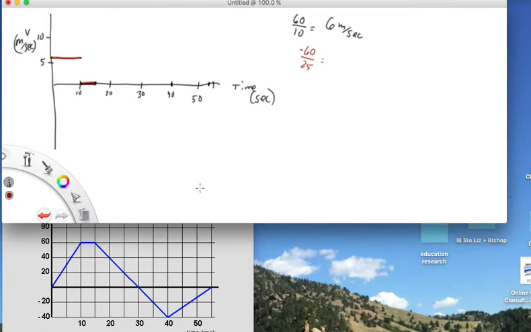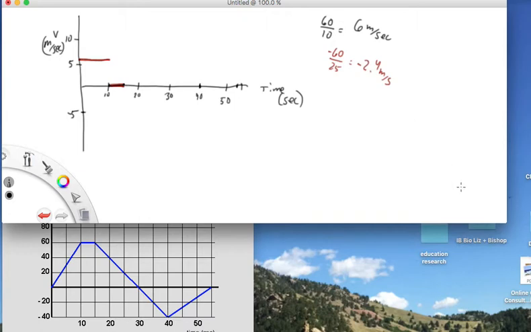Oh, it's 2.4. So it's negative 2.4 meters per second. So if I make my graph correctly, this distance right here is about the same as this distance right here. This is negative 5, so this is going to be negative 2.4.